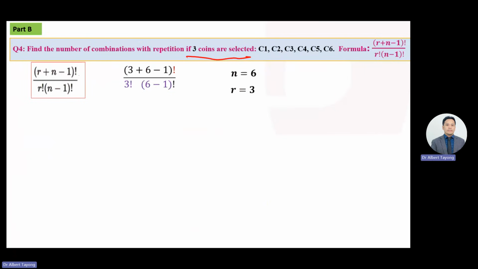So using the formula, we have 3 plus 6 minus 1 factorial over 3 factorial times the quantity of 6 minus 1 factorial, that is, of course, 56. Just plug in the values, you get the answer automatically.